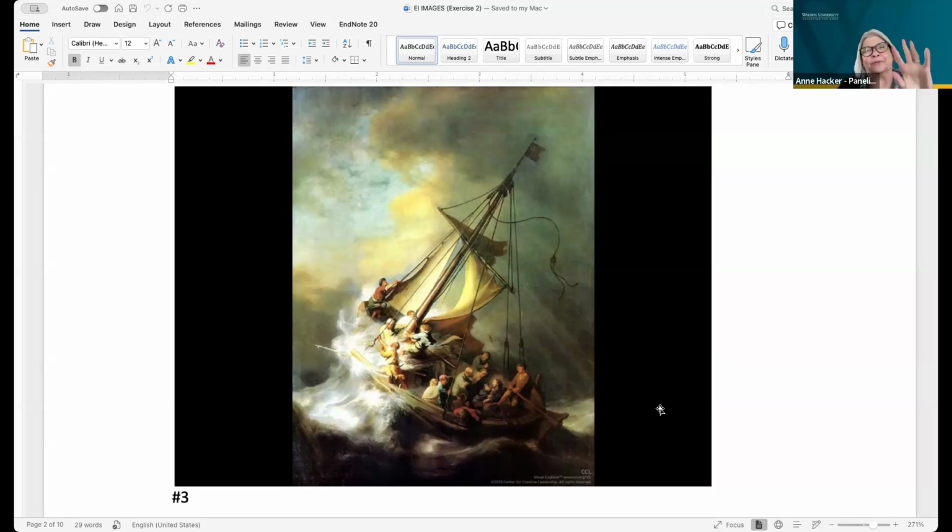When I first saw this, I thought, whee! Because I don't like rides like this at all. So I think of maybe vulnerability, like the power of the ocean, the water and the storm. But they're kind of trying to fight against it and survive.